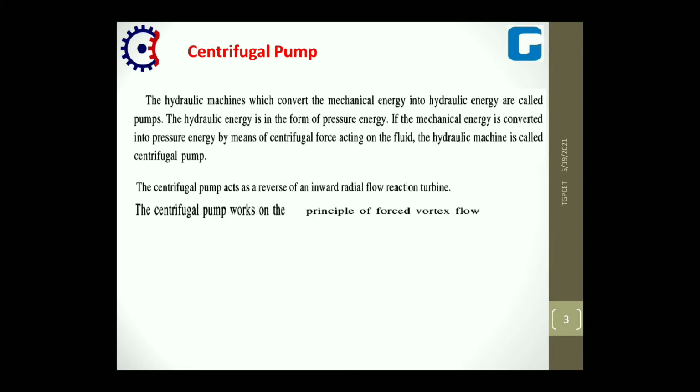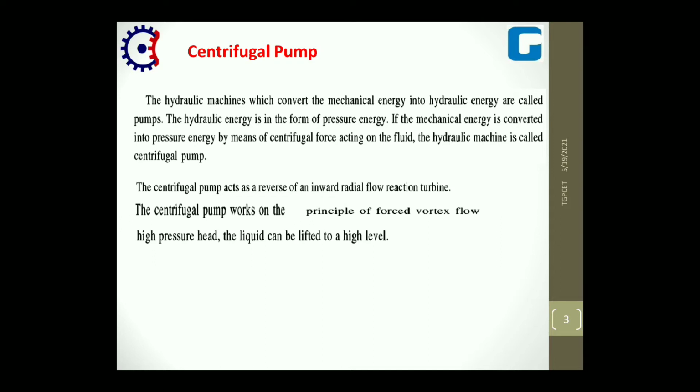The rise in pressure head at any point of the rotating liquid is proportional to the square of tangential velocity of the liquid at that point. Thus at the outlet of the impeller, where the radius is more, the rise in pressure head will be more, and the liquid will discharge at the outlet with a high pressure head. Due to this high pressure head, the liquid can be lifted to a high level.